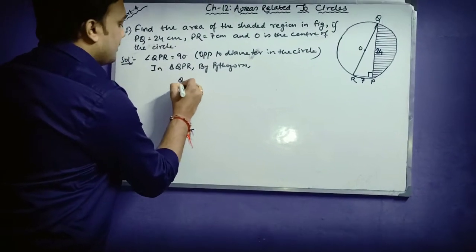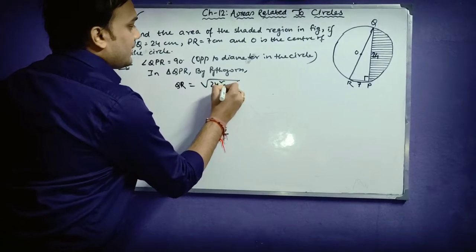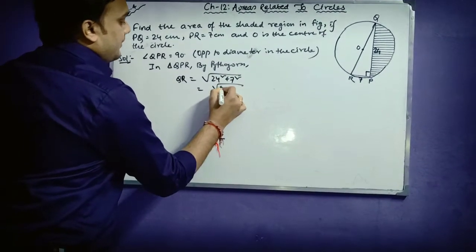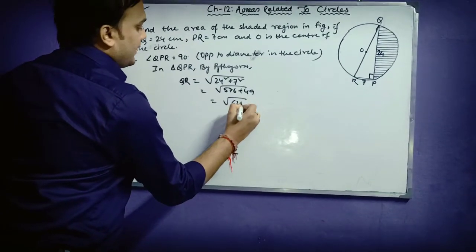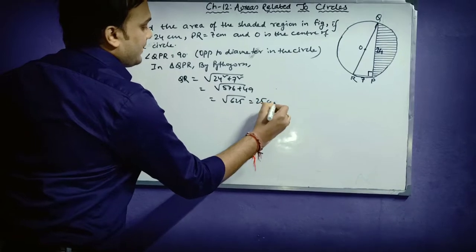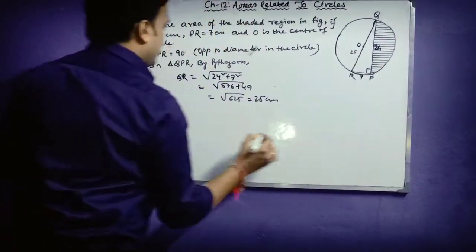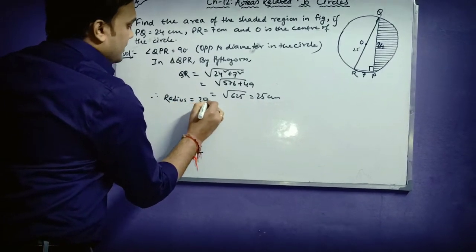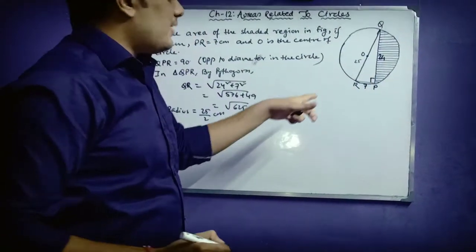QR equals root over 24 square plus 7 square, that means root over 576 plus 49, root over 625, which equals 25 centimeter. So we got the diameter as 25 centimeter. Therefore the radius equals 25 by 2 centimeter.